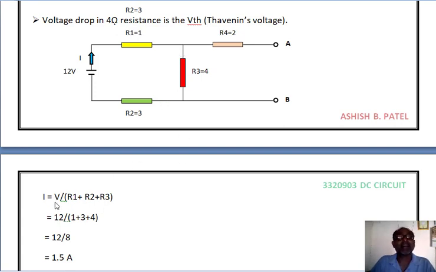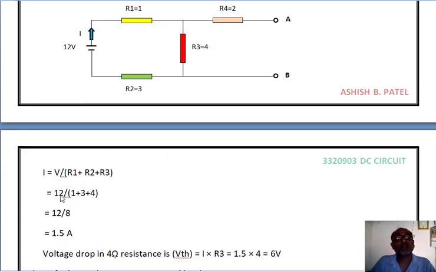So I is equal to V upon R1 plus R2 plus R3. Putting in the values, 12 divided by 1 plus 3 plus 4, we get 1.5 ampere. So 1.5 ampere is the current provided by this battery.